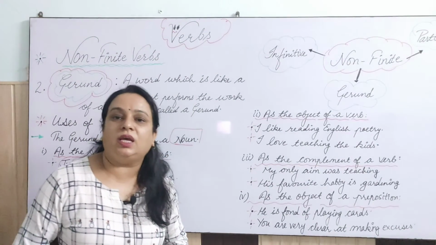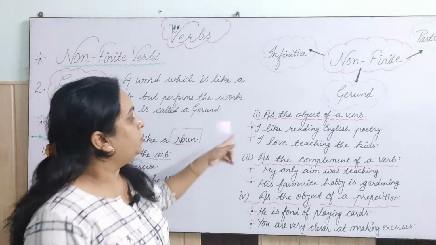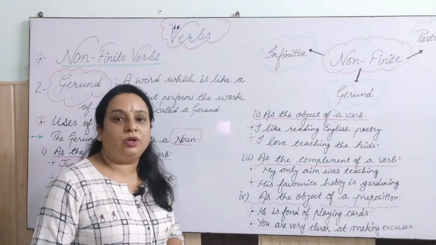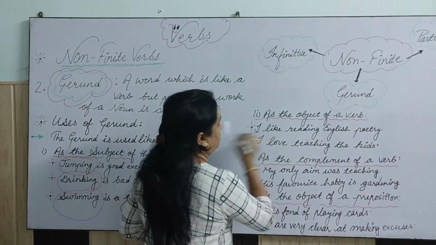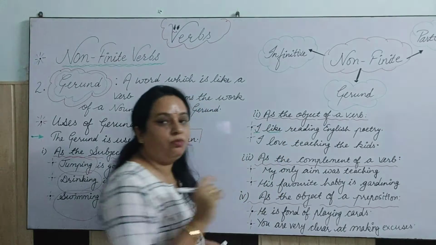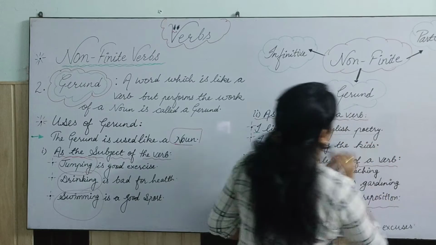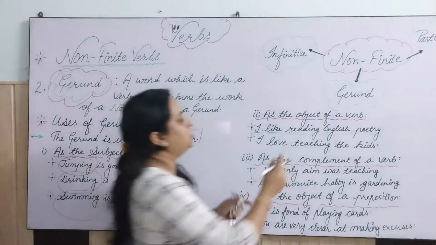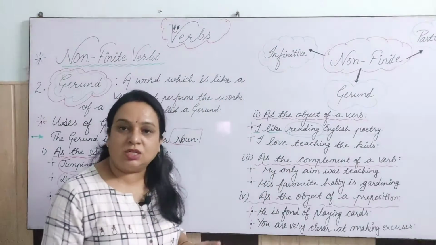Now you know that the object of the verb is what remains after the verb. I like reading English poetry. So here, I is the subject. Like is the finite verb here. And reading English poetry, that is what? This reading is working as object, right?